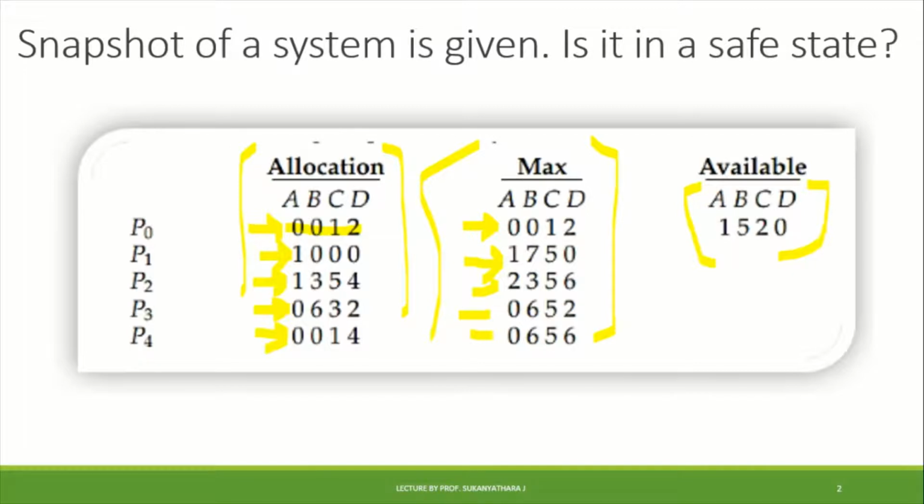In that state, we will have to check for safety. We will have to verify that the state will be safe. If that new state is safe, we will grant the resource. Otherwise, we will not grant the resource. We will just tell the process, sorry, I cannot grant you resources right now because the system will go to an unsafe state. So wait, when the time is fine, I will grant you the resource. The operating system will tell the process like that.